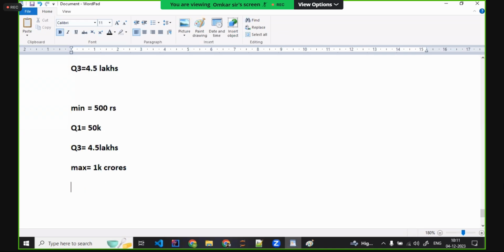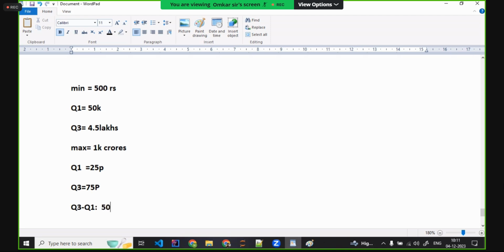From Q1 to Q3. Why do we say middle class family? Q1 is 25% and Q3 is 75%. Q3 minus Q1 covers half of the data, almost 50%. So it is a valid point. Based on middle class families only we can move it.